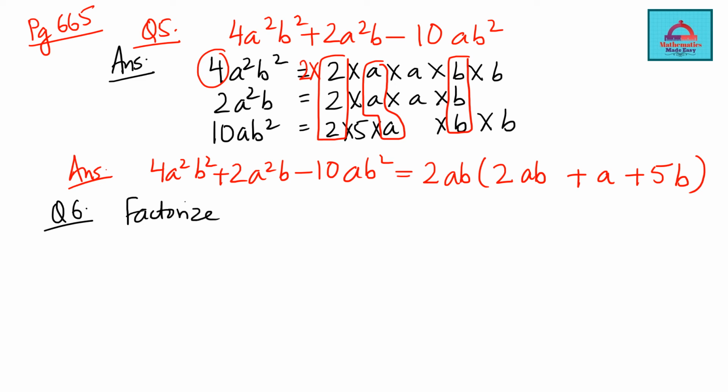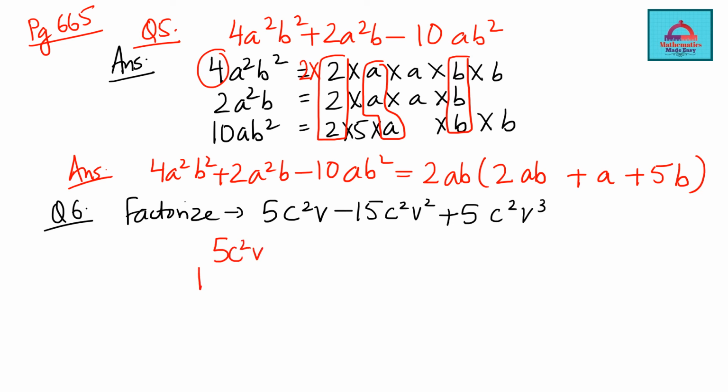Factorize 5c square v minus 15c square v square plus 5c square v cube. So now I'm going to go a little quick. So the factorization of 5c square v, 15c square v square and 5c square v cube is easy now.